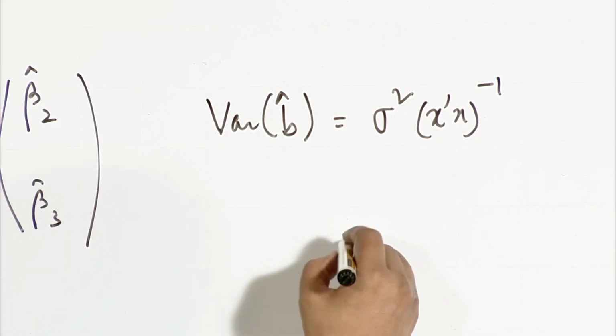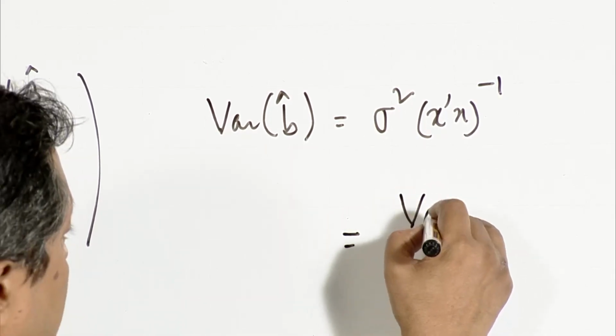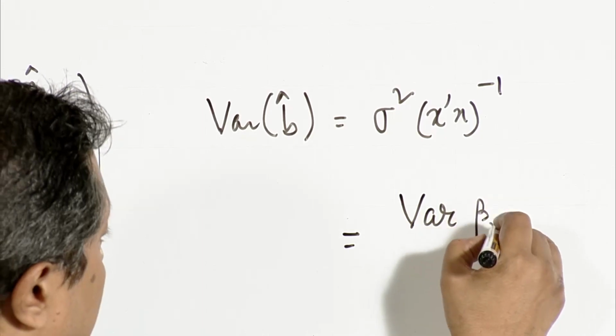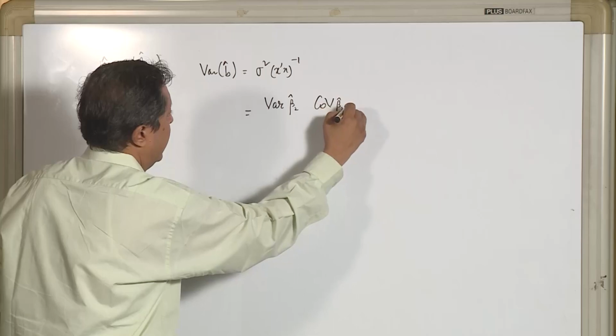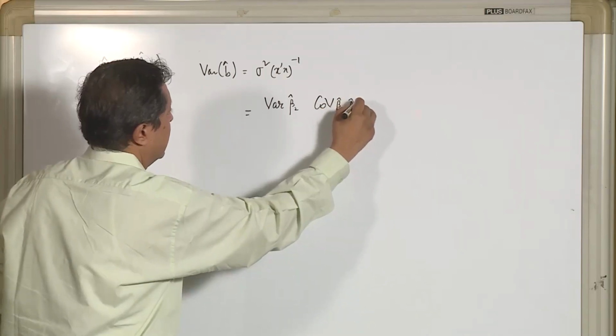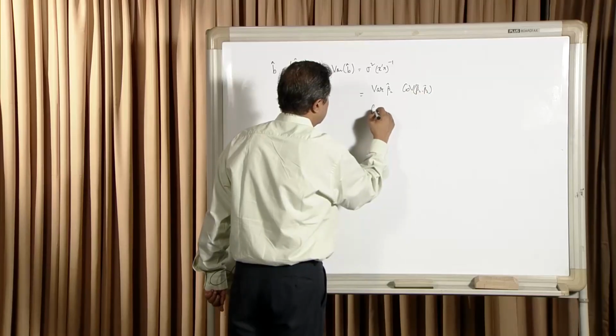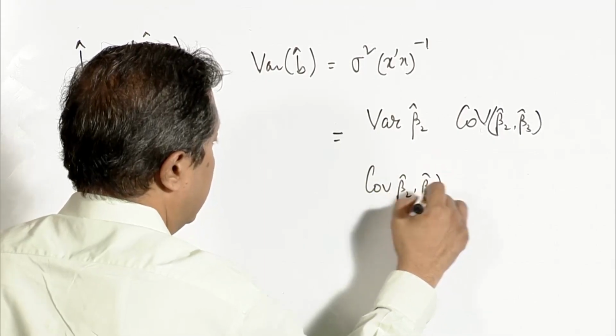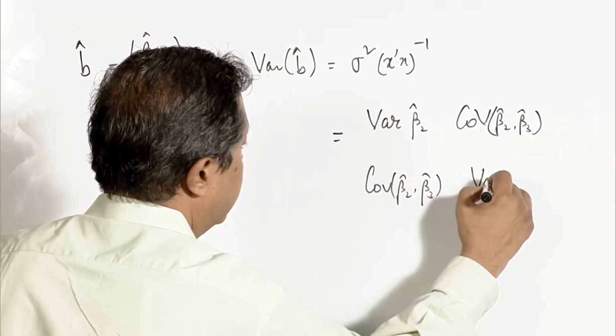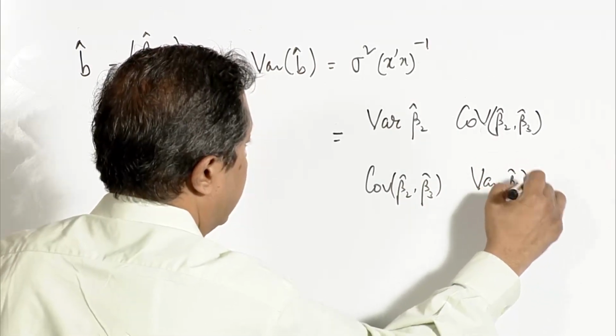So, this in general terms has 4 elements: variance of beta 2 hat, covariance between beta 2 hat and beta 3 hat, again covariance between beta 2 hat and beta 3 hat, and finally variance of beta 3 hat.